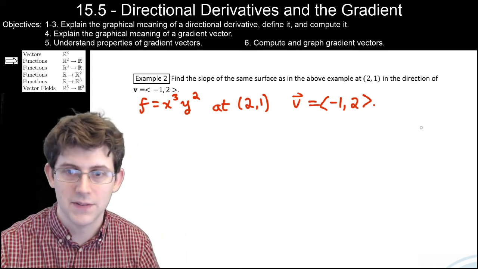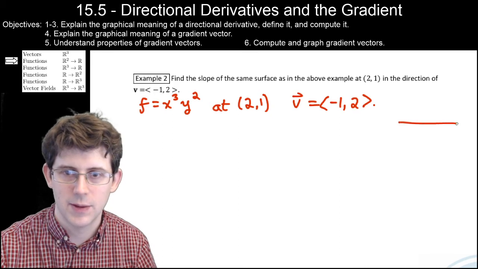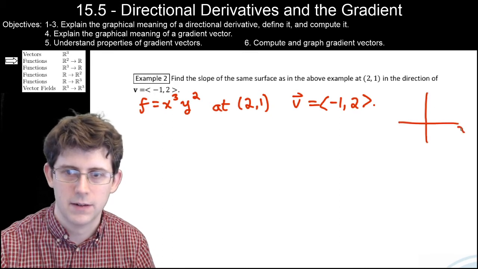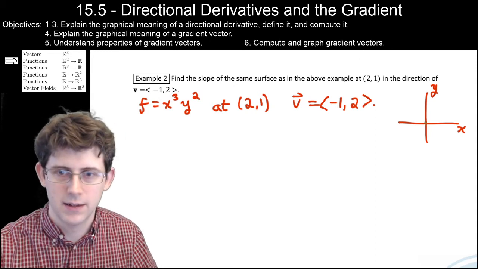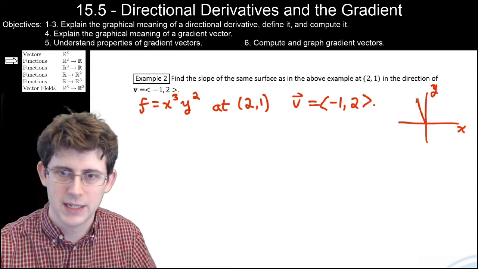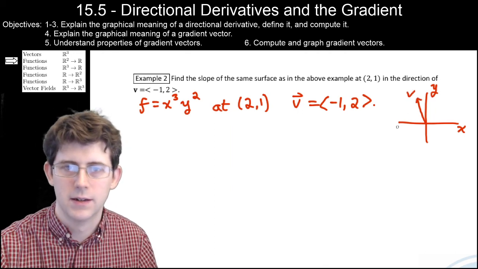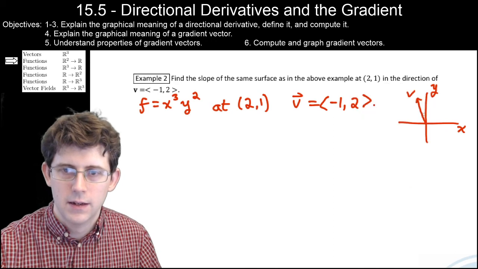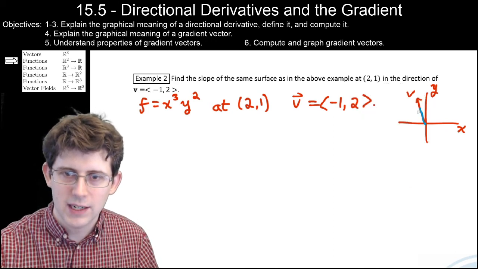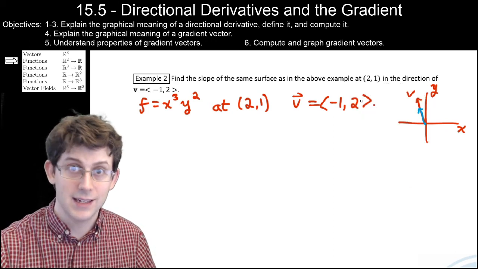So let's get a picture of this in the xy plane. In the xy plane, it goes mostly, it's like north-northwest. It's this direction. The unit vector in the same direction will be the same thing but scaled down.